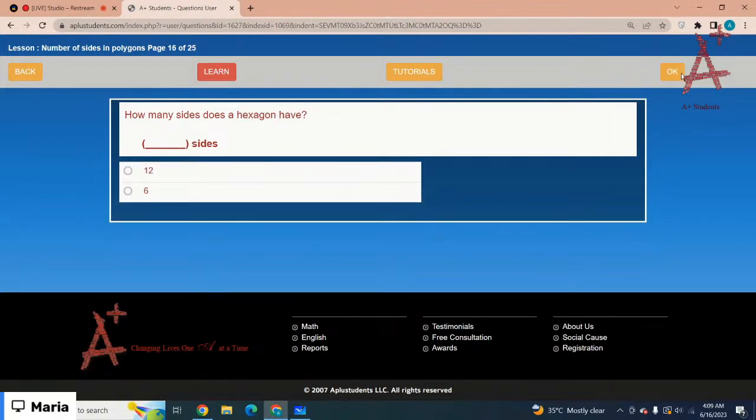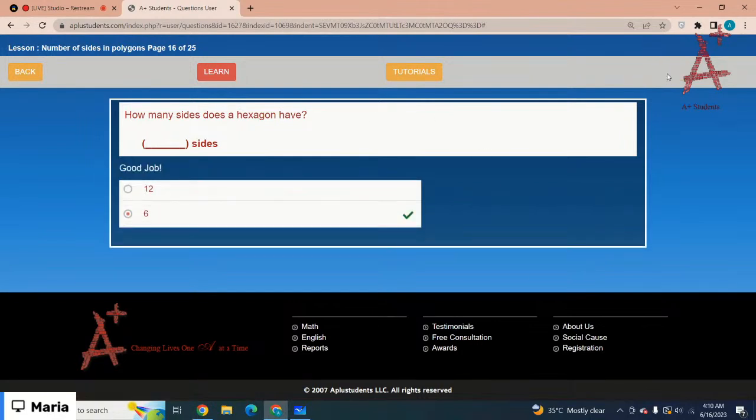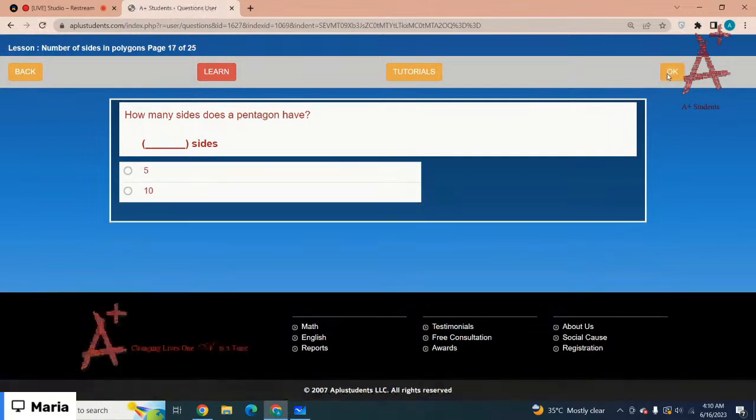How many sides does a hexagon have? Hexa means 6, so a hexagon has 6 sides. How many sides does a pentagon have? Penta means 5, so a pentagon has 5 sides.